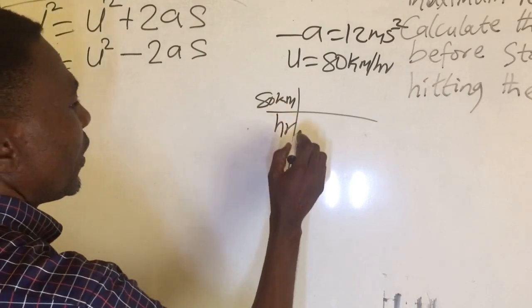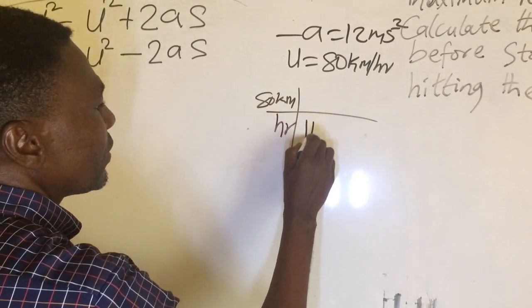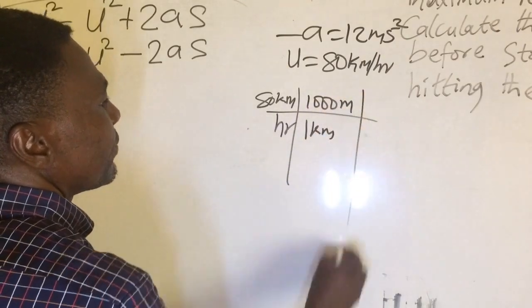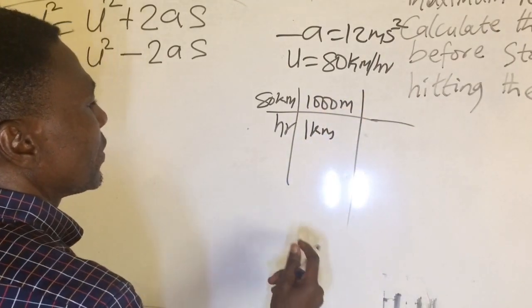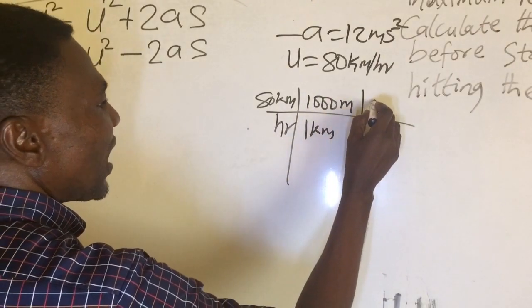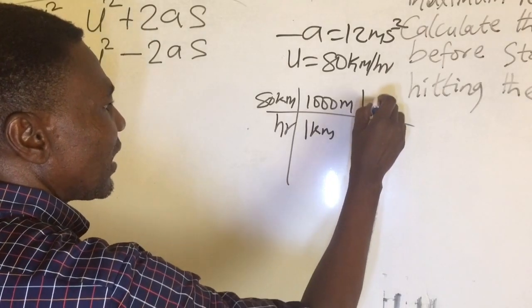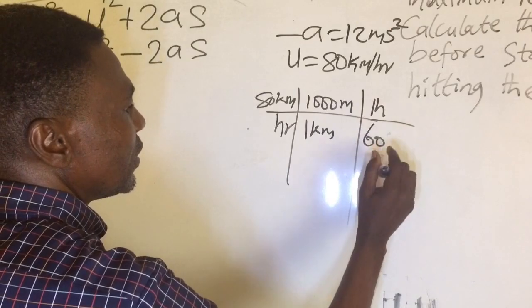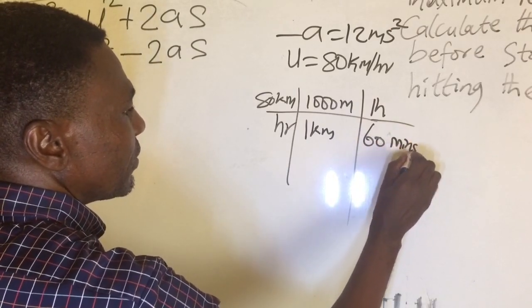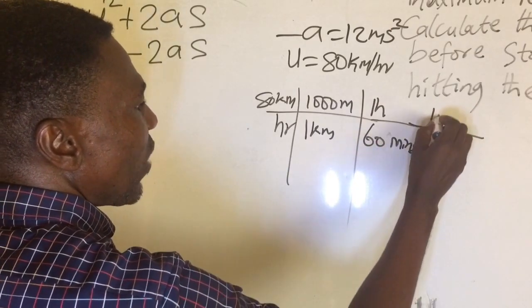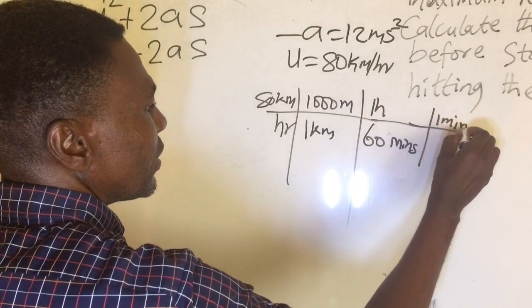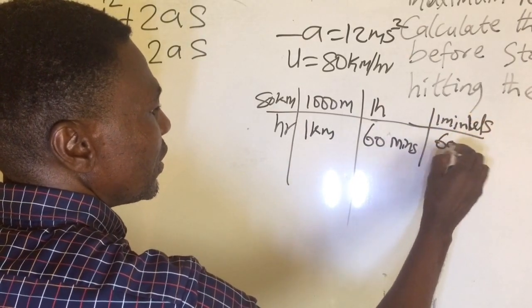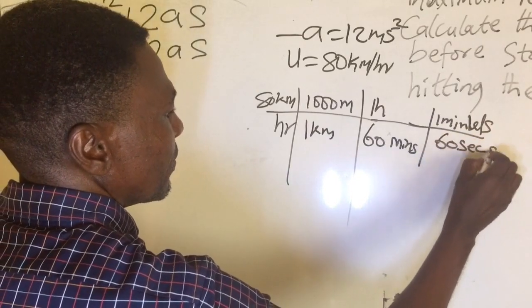Now, 1 kilometer is 1,000 meters. One hour is 60 minutes, then 1 minute is 60 seconds.